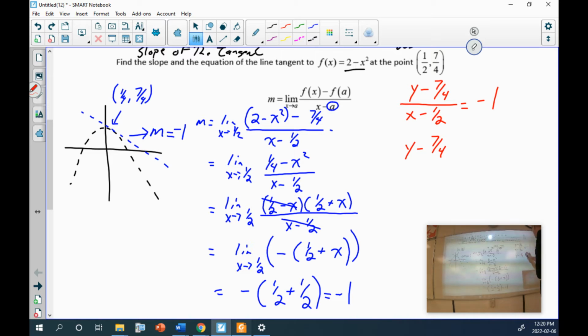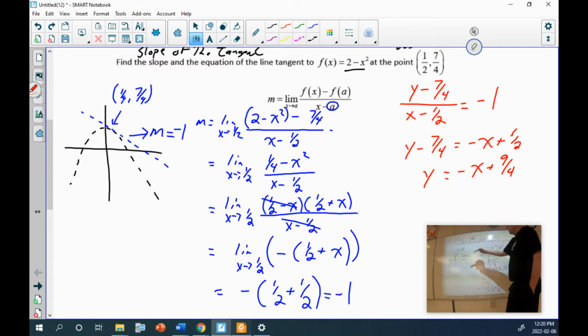Just going to solve this. We have negative x plus 1/2. And if I wanted it in y-intercept form, I would add 7/4 to both sides, which would give me negative x plus 9/4. Again, this y-intercept makes sense. It's above 2.